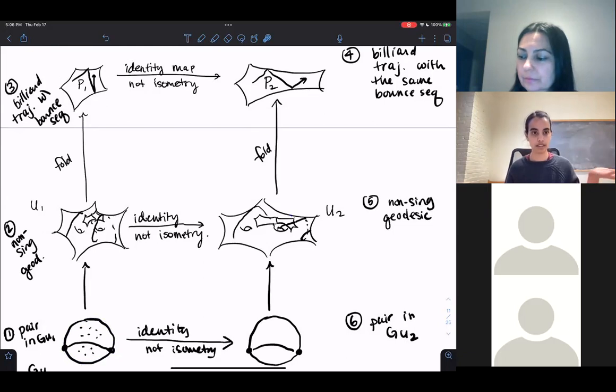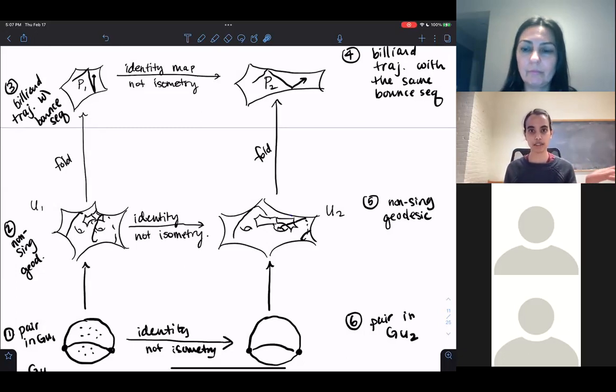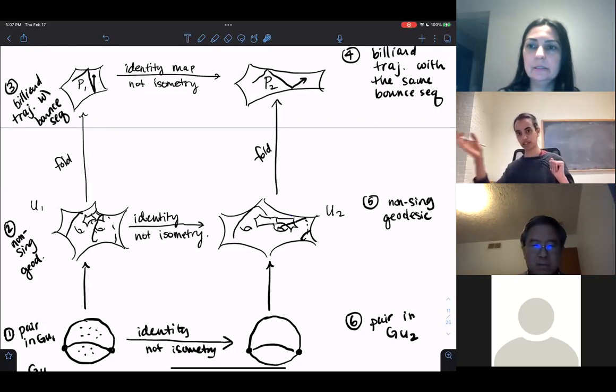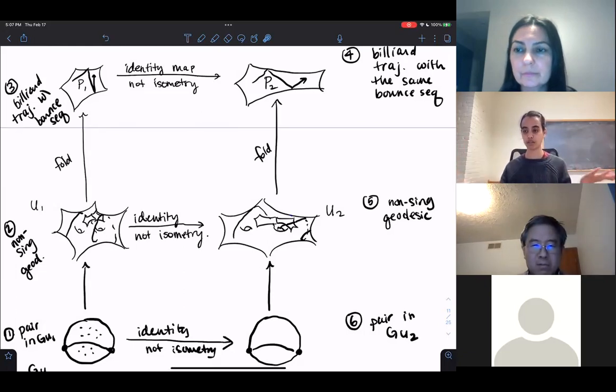One subset is the pairs that bound non-singular geodesics according to metric one. Whenever I say geodesic, it has to be according to one metric or the other. So pairs of points that bound a non-singular geodesic according to metric one, and pairs of points that bound non-singular geodesics according to metric two. These are two subsets of pairs of points at infinity. They could be equal, they could not be equal.